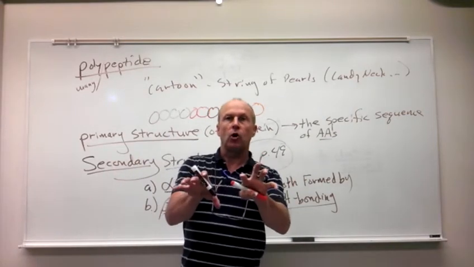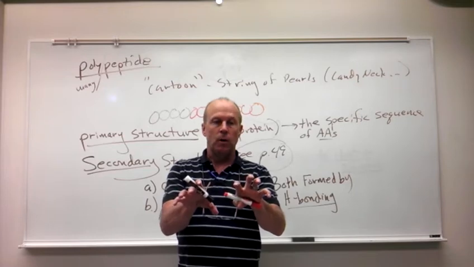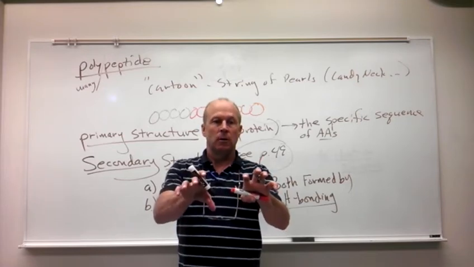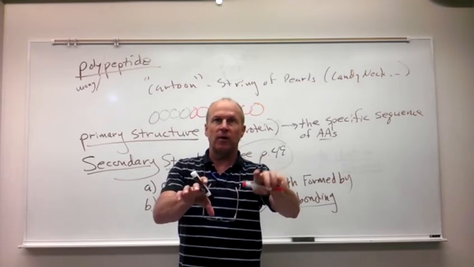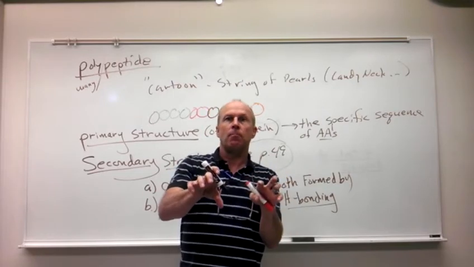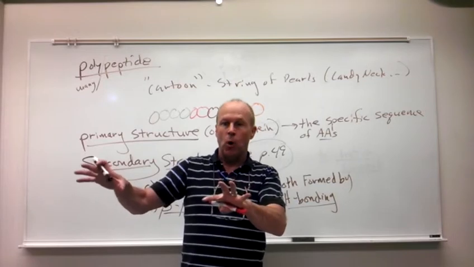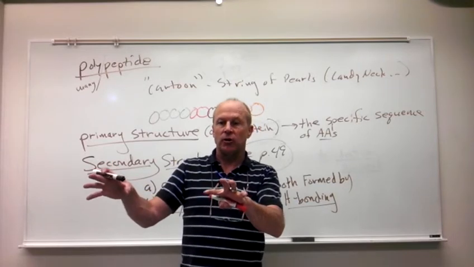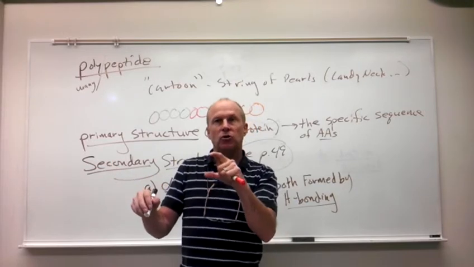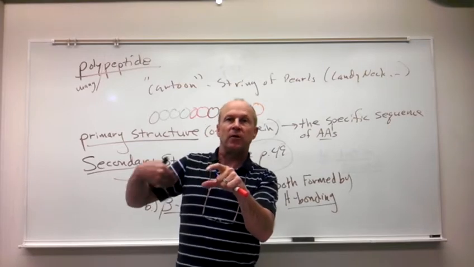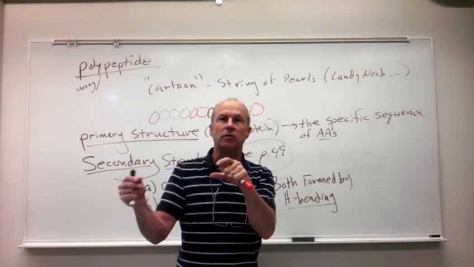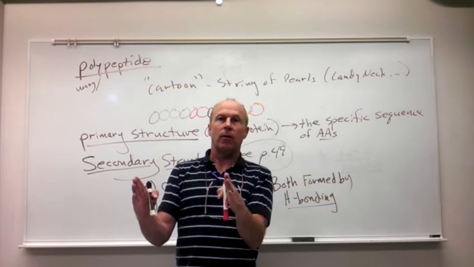It starts off with a polar covalent bond on one molecule between an oxygen and a hydrogen. The oxygen is a lot more electronegative, so it gets a partial negative. The hydrogen is a lot more positive, so it gets a partial positive. Then adjacent molecules that have that same feature can have the partial positive charge of a hydrogen attracted to the partial negative charge of an oxygen. That right there is a hydrogen bond.